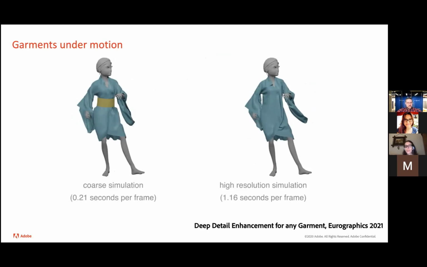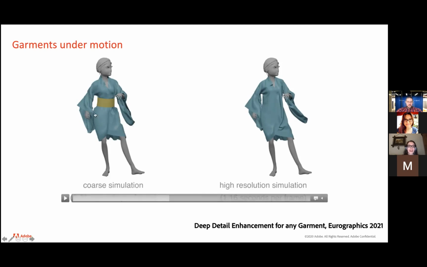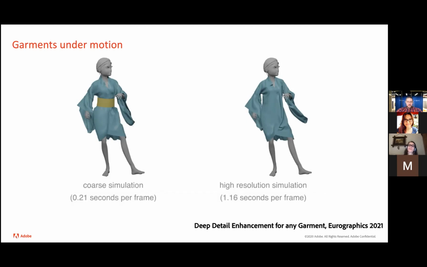The high resolution setting is of course not only computationally much more expensive, but the physical simulation process is usually also hard to set up. You would need to adjust some parameters. And in this case, because of the complex interaction between the dress and this robe, at some point the simulation just blows up. So it's not robust, and you would need to maybe go back and adjust the simulation settings again.